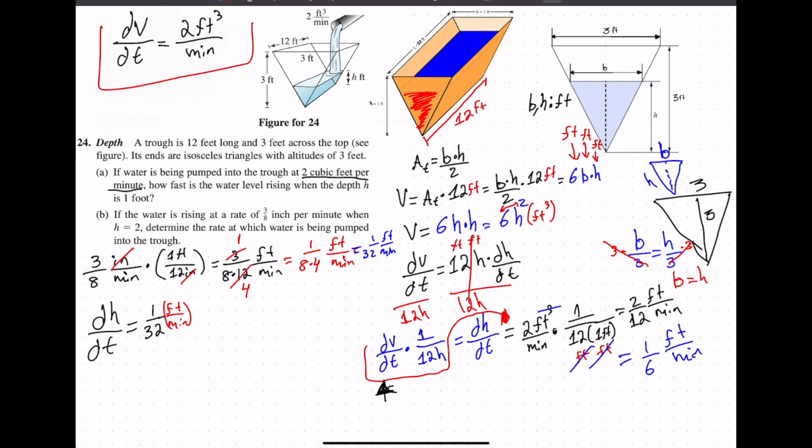That will be times 1 over 12 and then the height is equal to 2 there. Therefore, we have 1 over 32 times 12 times 2. And this is feet per minute.